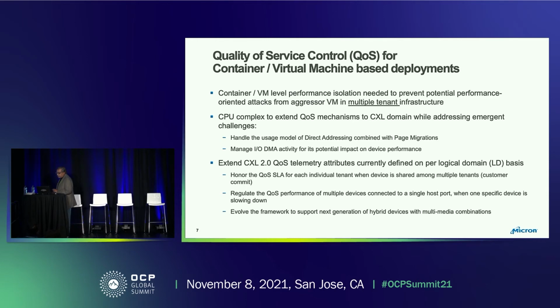In that case, when this device is shared among multiple tenants, how do we commit a QoS SLA to the customer? That was the first problem. And the second problem was that let us assume that there are multiple devices that are connected to a single host port, right?